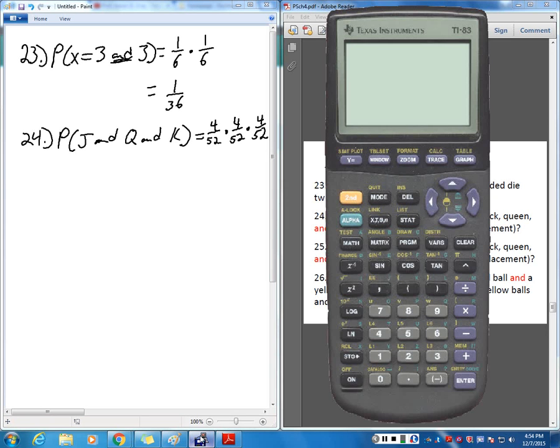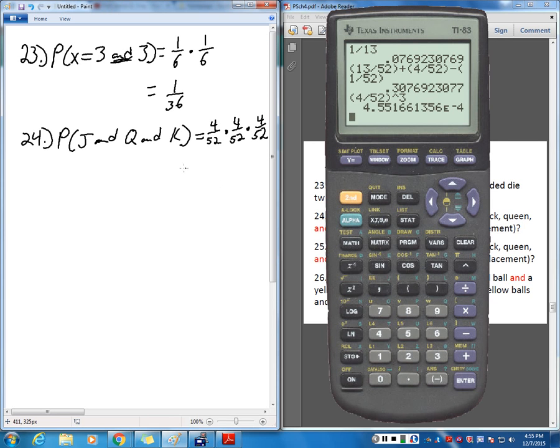Let's find the decimal equivalent of that. That would be 4 out of 52 cubed. Well, the calculator shows us some scientific notation with that answer. It's actually 4.6 times 10 to the negative 4th. That's what the E negative 4 means.